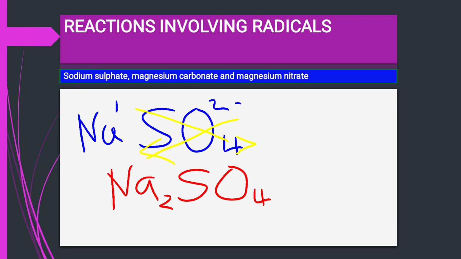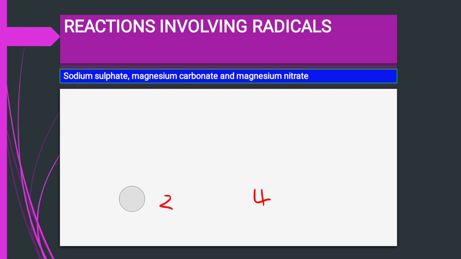We look at the next example, where now we have magnesium carbonate. We begin by writing the formula of the atom that will lose an electron, and that is magnesium, then followed by carbonate.